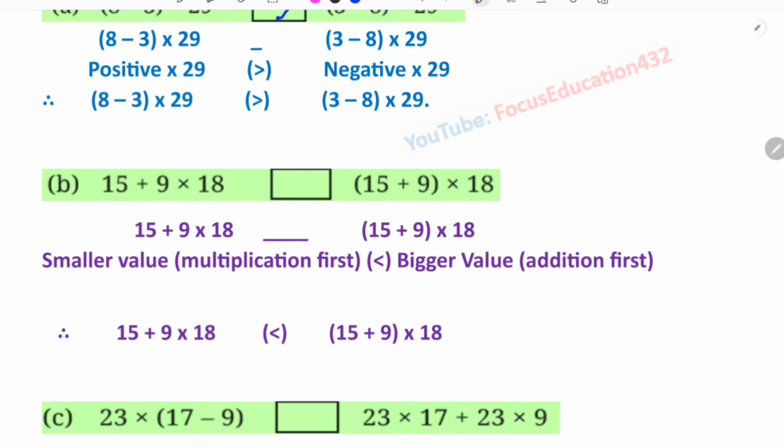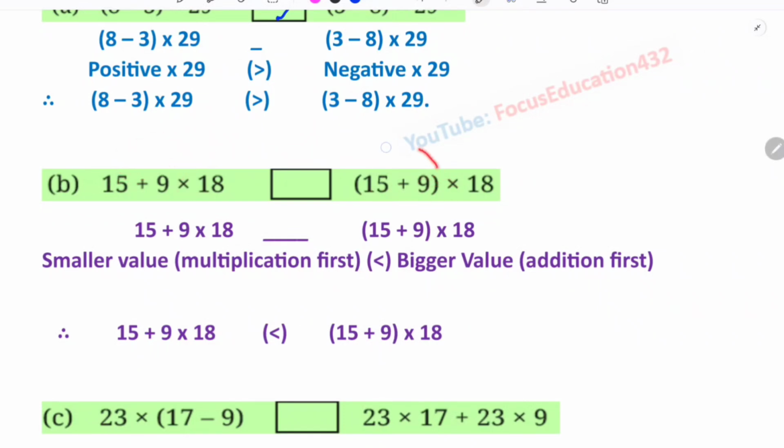Whenever multiplication is there, we first do the multiplication, but whenever a bracket is given, first you have to do the bracket irrespective of the sign inside. We should not worry about what is given inside. So here, on the left side, what will we get? 15 is multiplying with this 27.